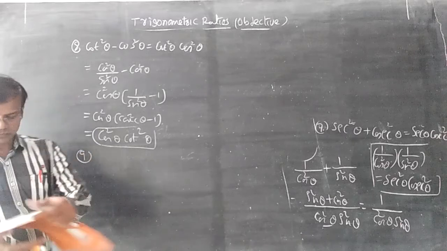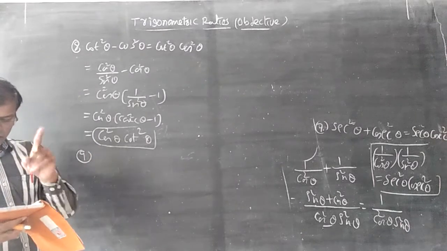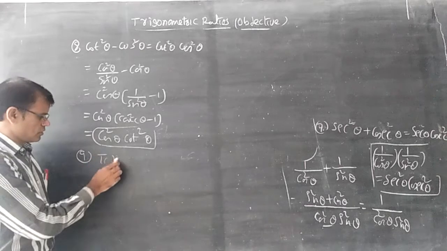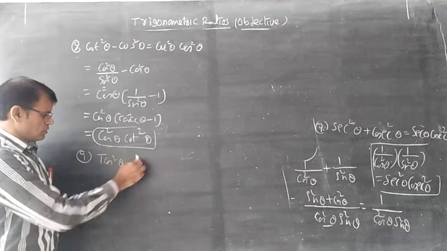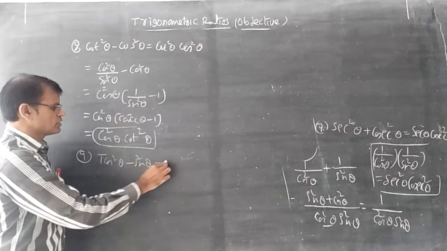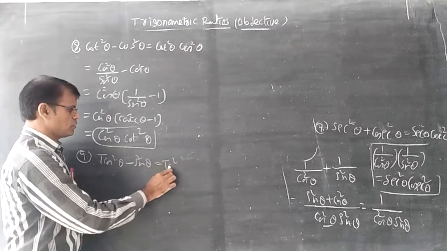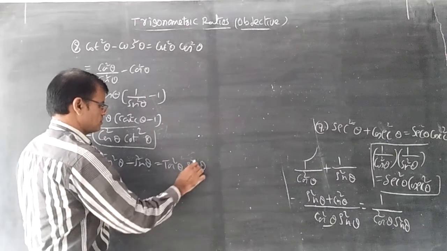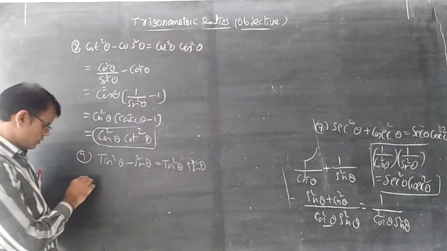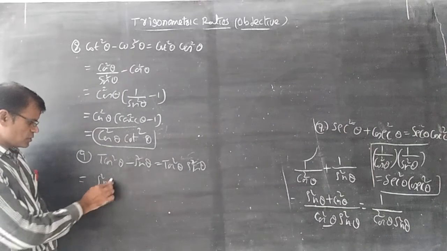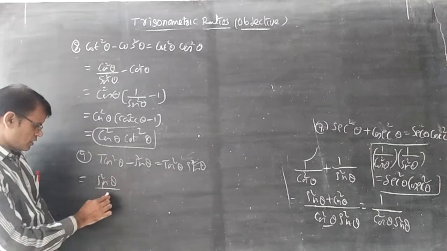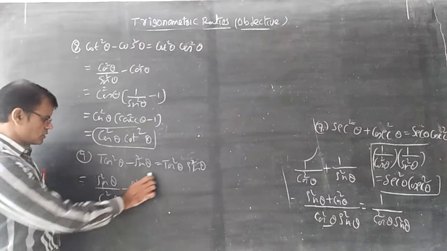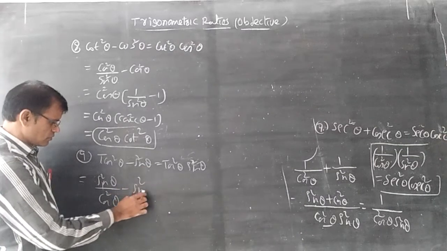Ninth one. In a similar way, we start with tan square theta minus sin square theta, which is equal to tan square theta into sin square theta. You can understand tan square theta as sin square theta by cos square theta, minus sin square theta.